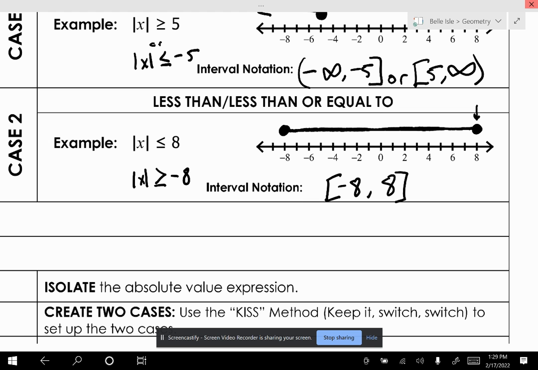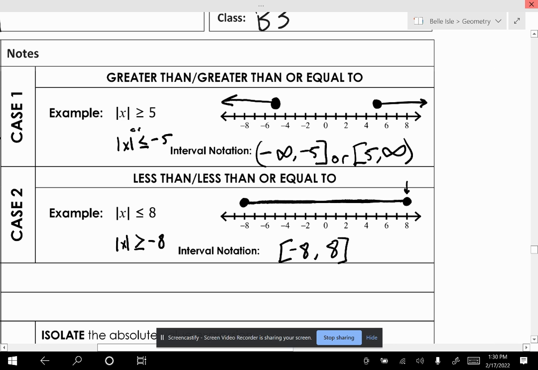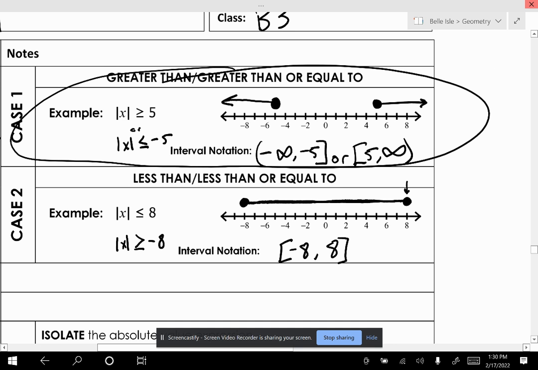Now, why? Let's think theoretically. Out of case 1 and case 2, I gave you those specific examples to show you one and the other. But this is actually going to make the worksheet much easier for you today. When you get a greater than or a greater than or equal to, it will be an or problem.